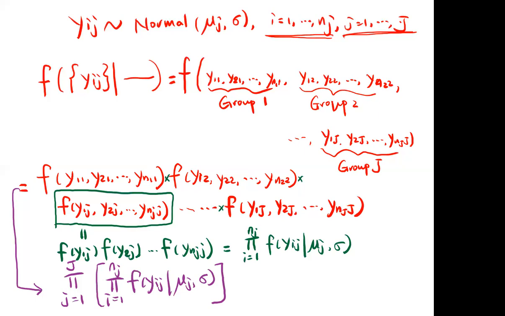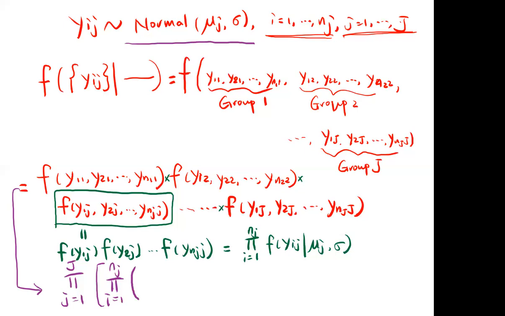So how can I write this joint? Let me change it here. I'm going to keep my product here, and I'm just going to introduce the normal density in here. What is the normal density? The mean is mu j and the standard deviation is sigma.